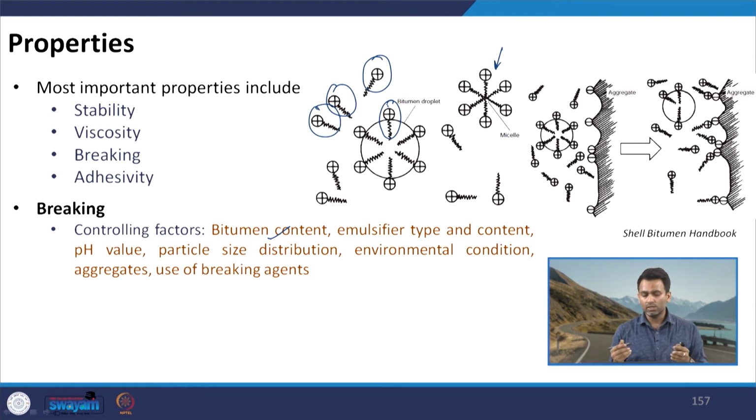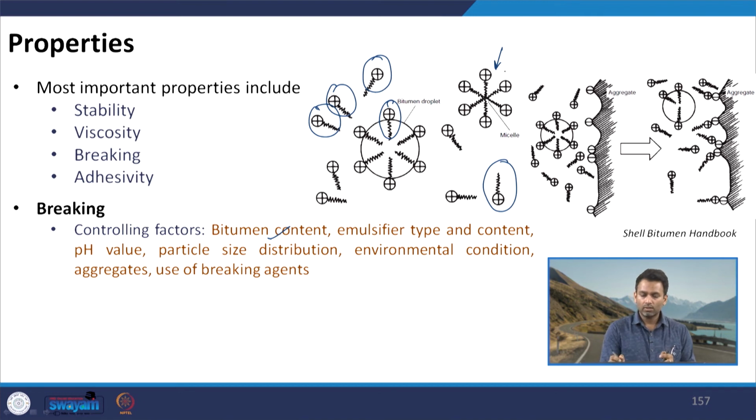So, what happens when this entire system comes close to the aggregate particle? Let us say we have a siliceous aggregate system which has overall negative charge. Because of this negative charge, it will try to pull the positive charges from the emulsion system. So, let us say that it tries to pull this particular emulsifier. The aggregate particle is pulling this particular emulsifier.